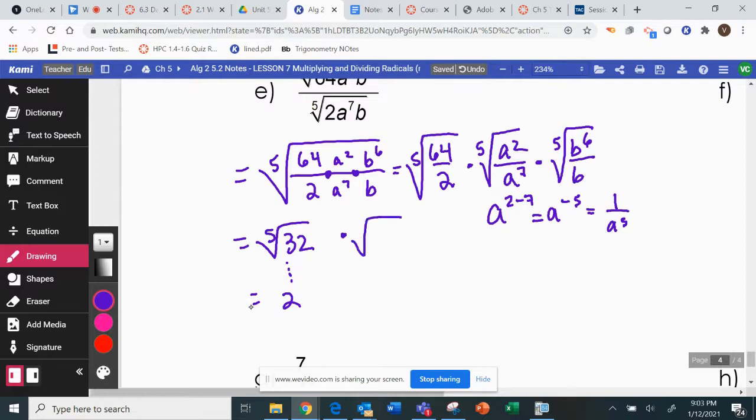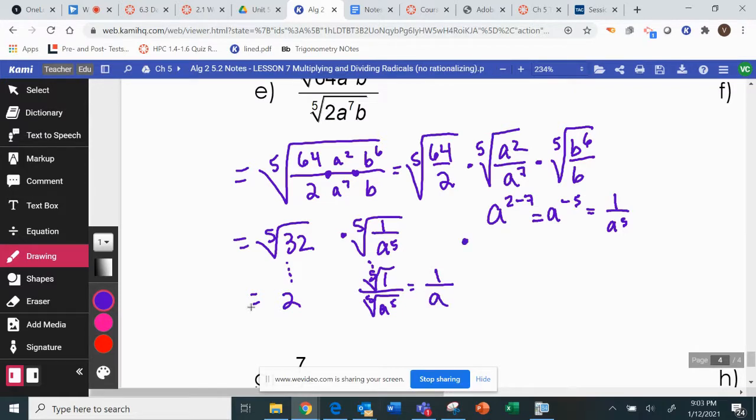So we've got the 5th root of 1 over a to the 5th. That would be the 5th root of 1 and the 5th root of a to the 5th, which is 1 over a.